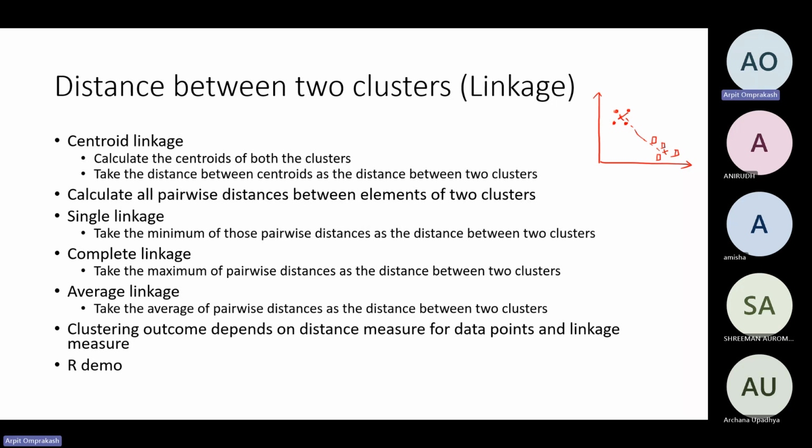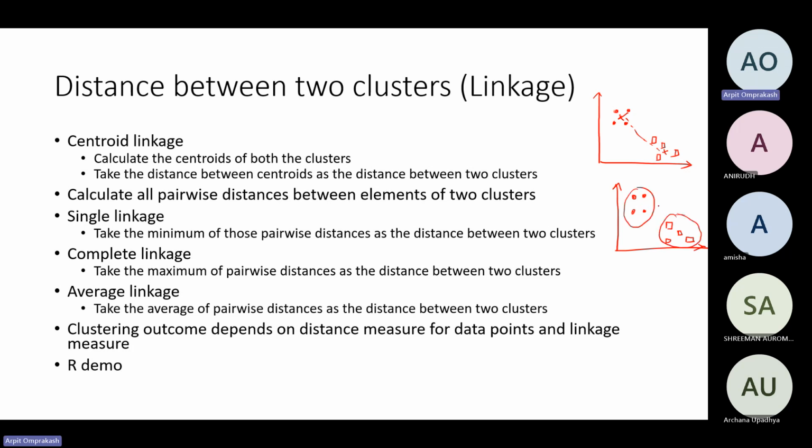For the rest of the three linkages, we don't take the centroid. So let's say we again have some similar data. Okay. So now this is our cluster one, this is our cluster two.